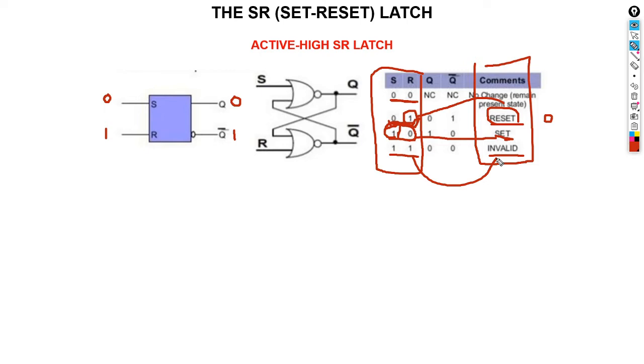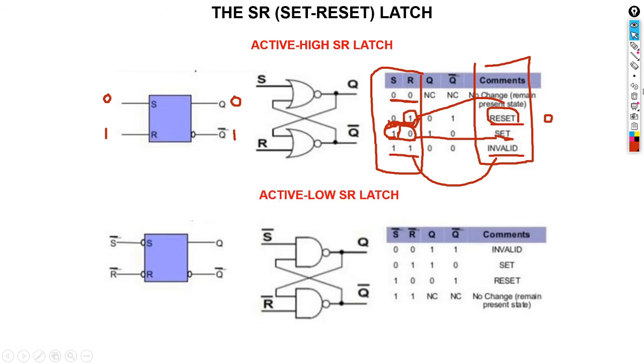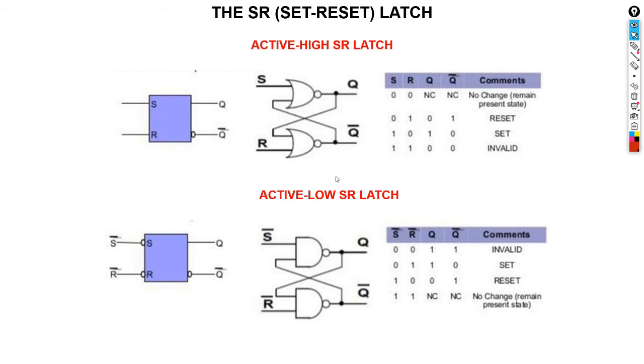Then another type of SR latch is the active low. With an active low, basically what happens is now we have an inverse. This little circle here means it's inverse.